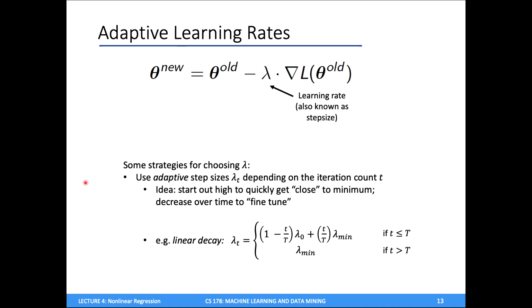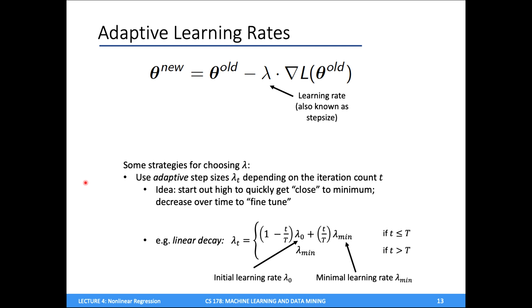Another strategy that you might use to decay your learning rates is a linear decay schedule. This equation might look a little scary, but I'll show you a picture on the next slide that hopefully will convince you it's not too bad. It's a similar idea, where we start out with some initial learning rate, lambda naught. We also specify some minimal learning rate, lambda min.